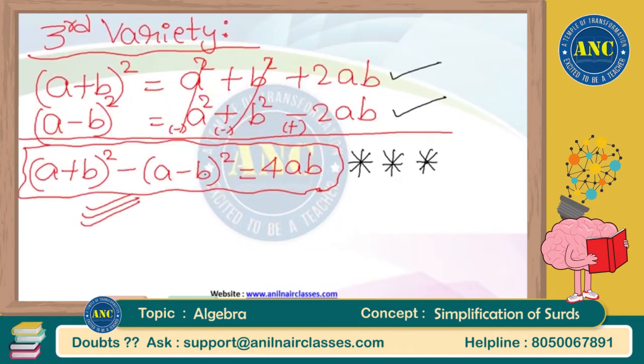That is what I got here. That means I have told you that the difference of (a + b) whole square and (a - b) whole square is 4ab, and I have proved it to you in three different ways. Whichever way you are convenient, you can pick that method.